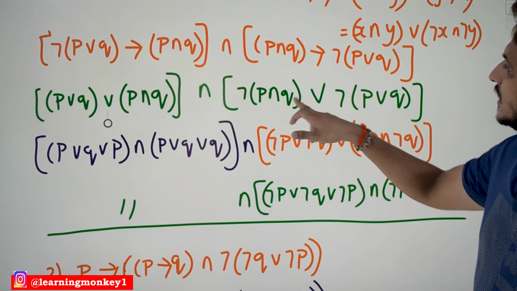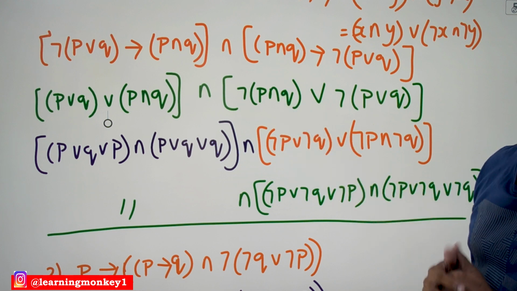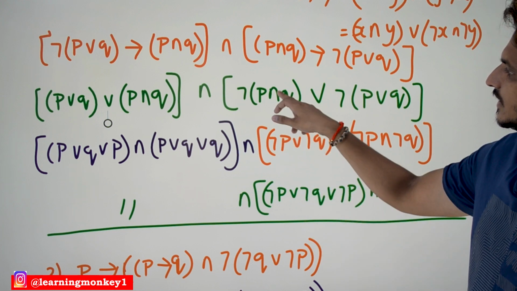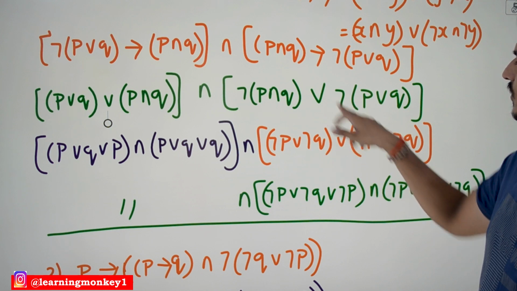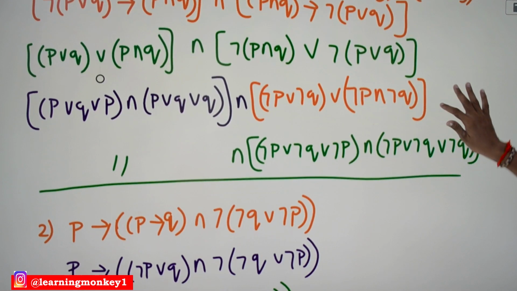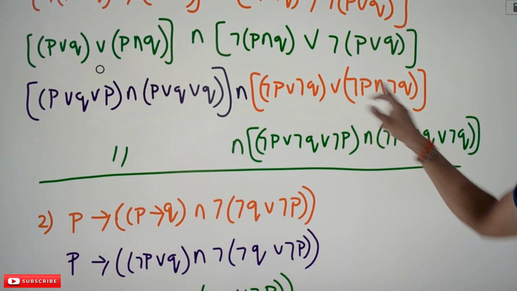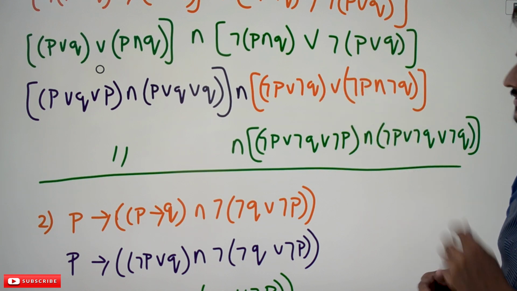Similarly, we apply our equivalence formulas to obtain the right hand side part also in the product of sums. When the negation is taken inside by applying De Morgan's law, negation p conjunction is going to convert into disjunction negation q, so negation p conjunction negation q. Now apply the distributive law again in order to get into the form of a product of sums.